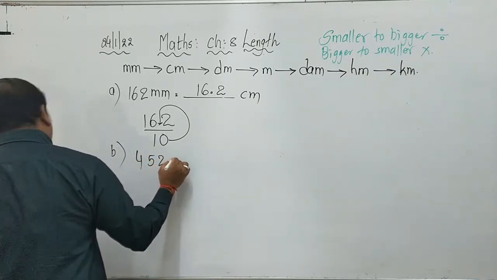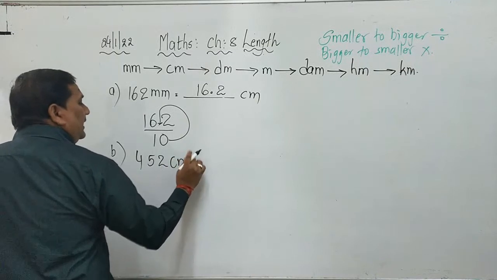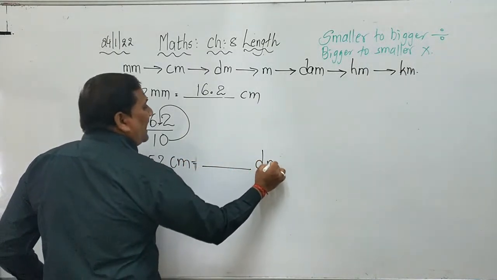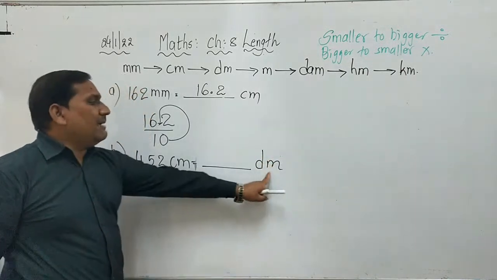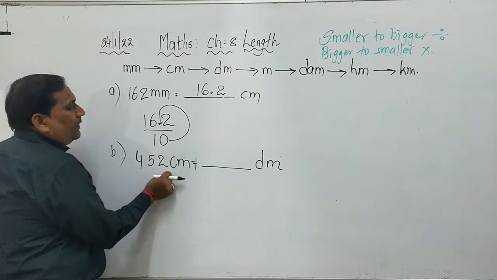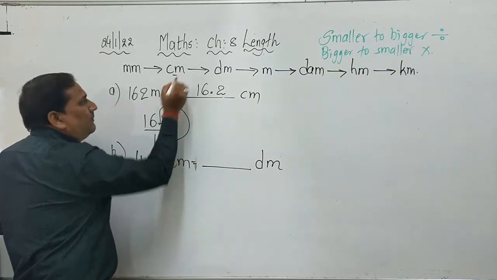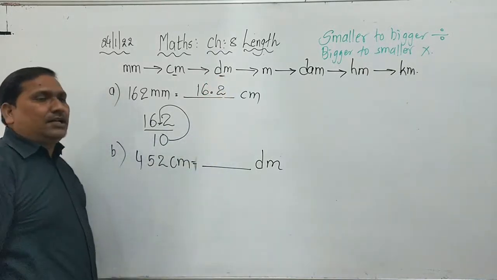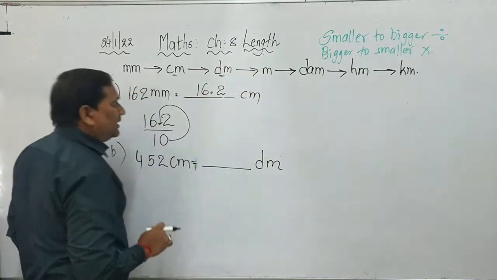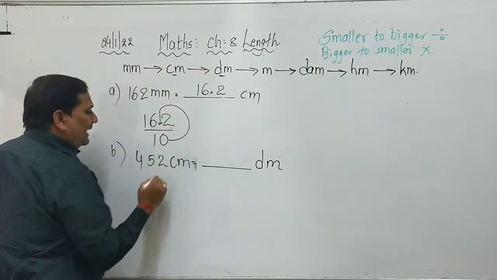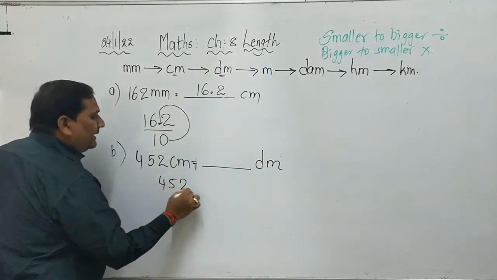452 centimeter is equal to dash decimeter. dm is given, that means decimeter. Centimeter is given and I have to convert into decimeter. Very next unit. So from smaller to bigger, that means again I have to divide.